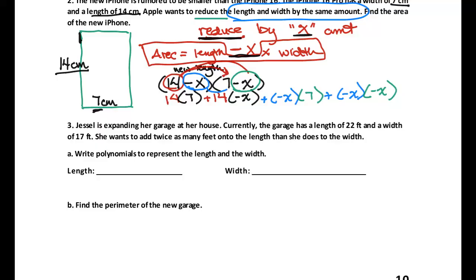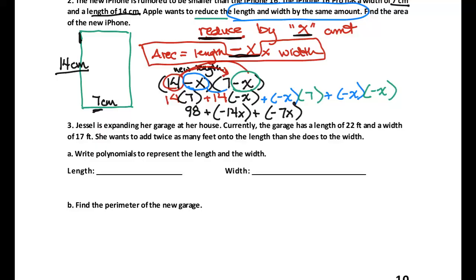That's double distributive. All right, 14 times 7 is going to be 98, plus 14 times negative X is negative 14X, plus negative x times 7 is negative 7x.